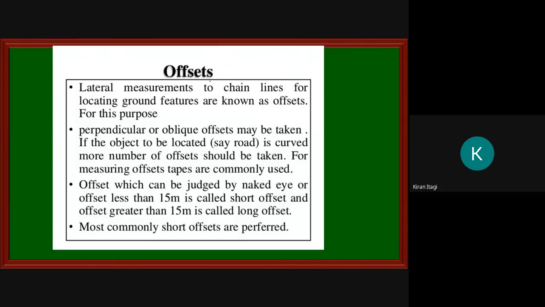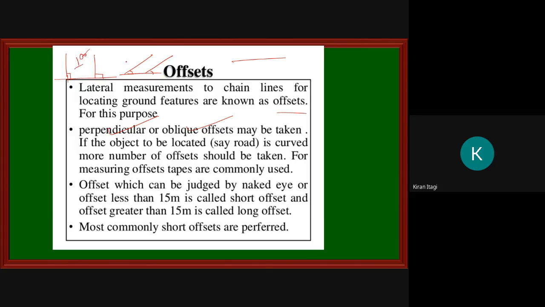The lateral measurement to the chain line of the straight line for locating the ground feature is known as offset. For this, perpendicular or oblique offset may be taken. That means this is the perpendicular offset. Oblique offset means it will be like this, here it will be some angle, here also some angle.